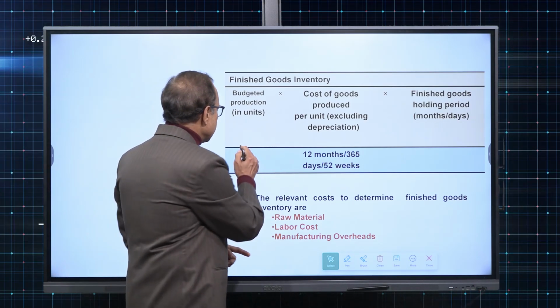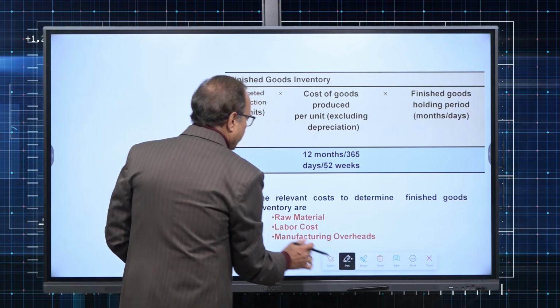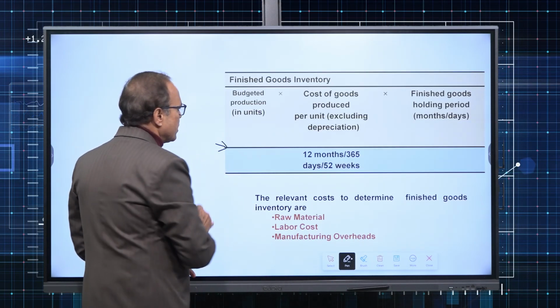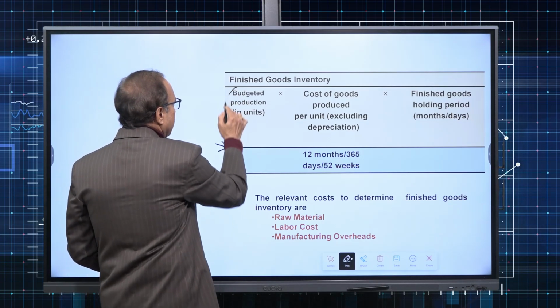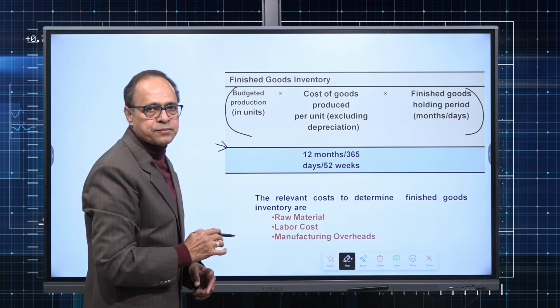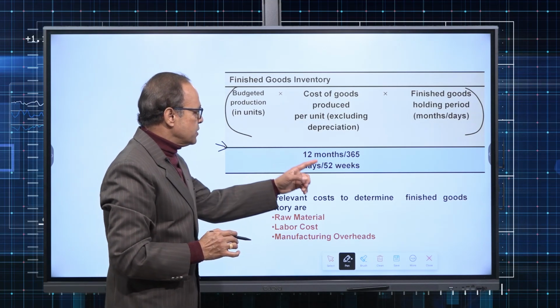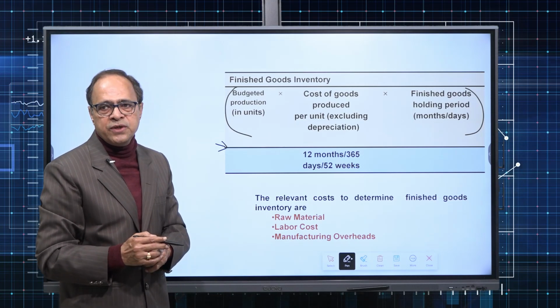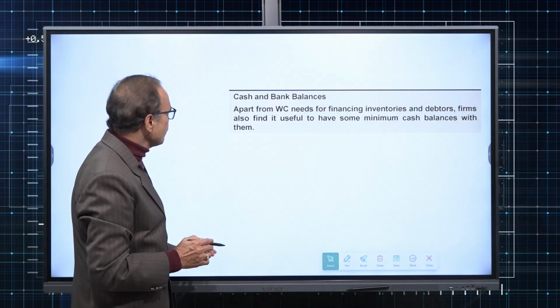This line indicates the division, so this part is divided by 12, 365 or 52, and that is the way we calculate the cost of finished goods.